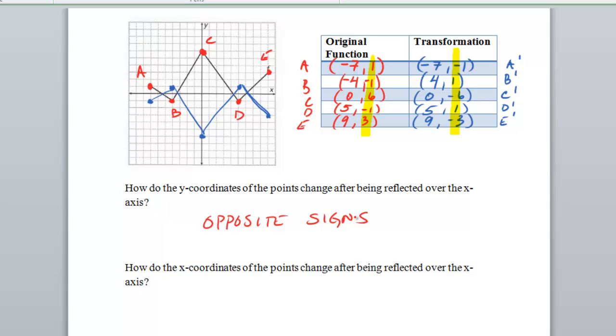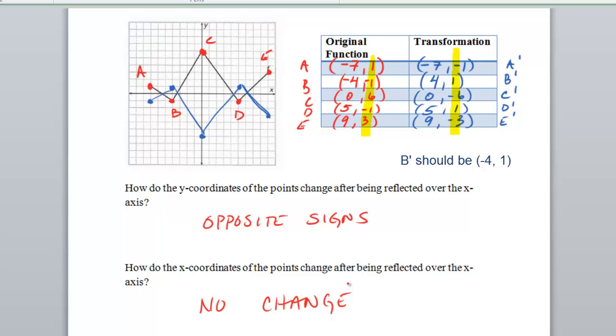Now, since we're reflecting over the x-axis, it asks us how the x-coordinates of the points change after being reflected over the x-axis. You can make a generalization here: if we reflect over an axis, that particular coordinate type doesn't change. And so there's no change in any of our x-coordinates because we are reflecting over the x-axis.